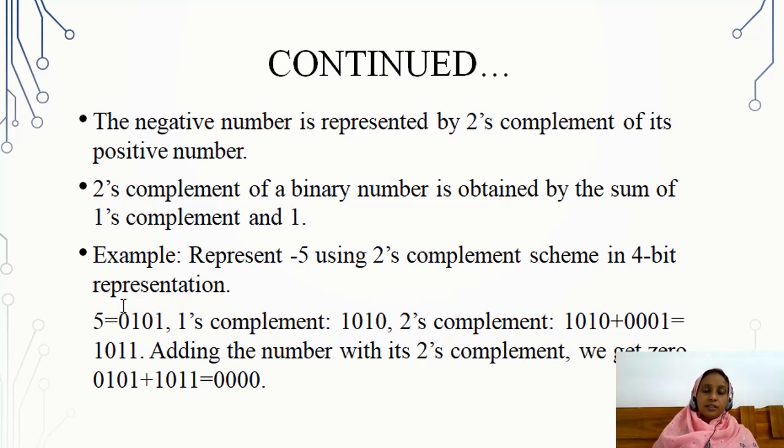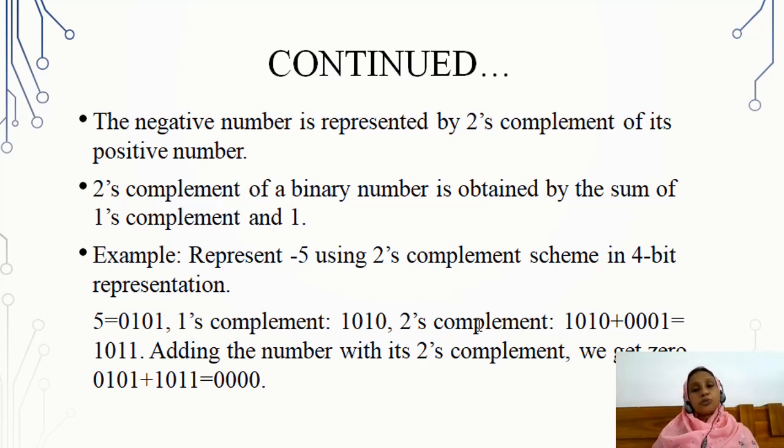All of you know that 5 has the binary representation 0 1 0 1. This is the unsigned representation of the positive number. Now we take its one's complement, which is 1 0 1 0. Here 0 changes to 1 and 1 changes to 0.